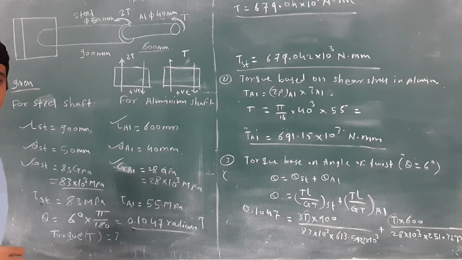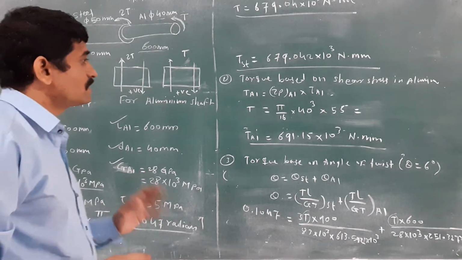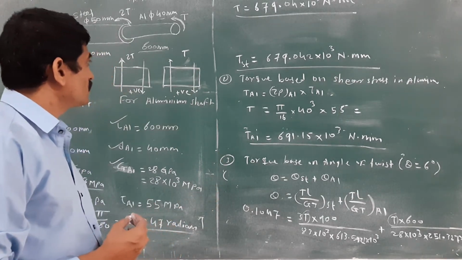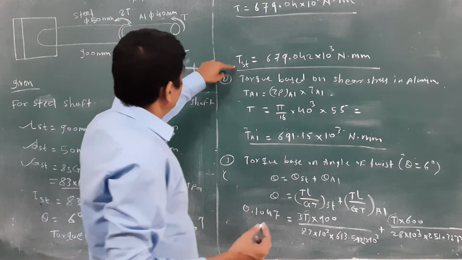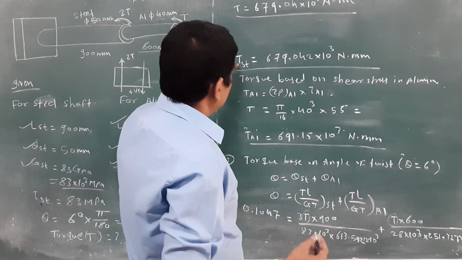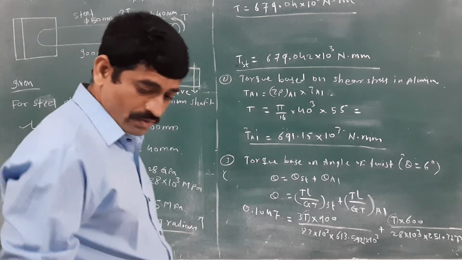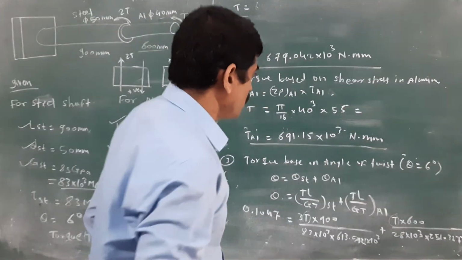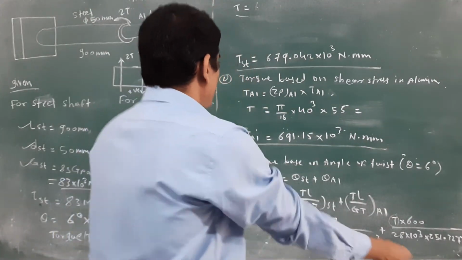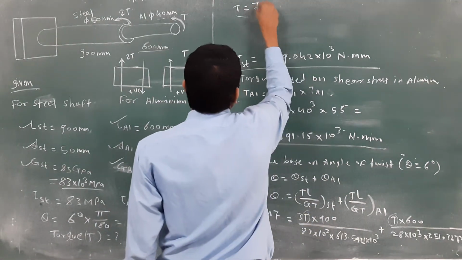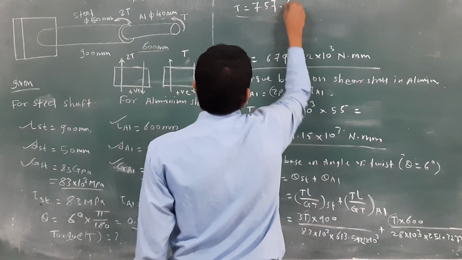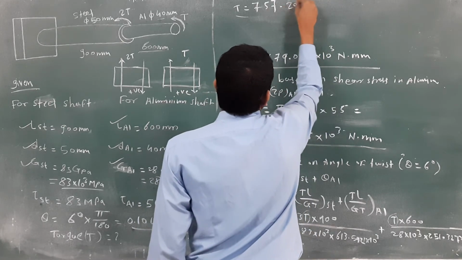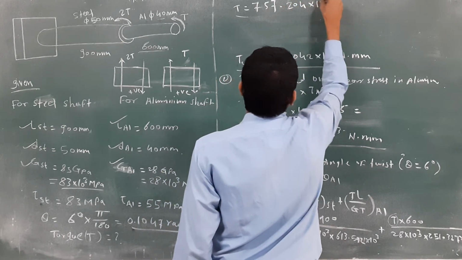When we get the safe T, you have to choose the least value out of these three values. Which is the least value? Check that. For the angle of twist we have got T is equal to 757.204 into 10 raised to 3.